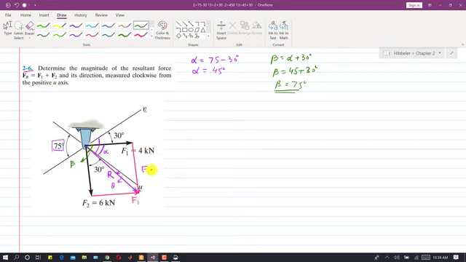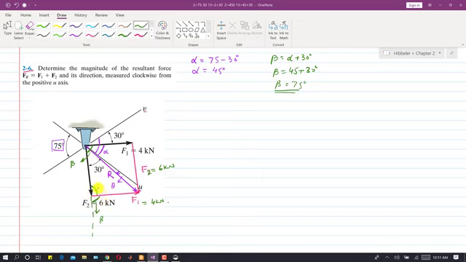We know the magnitude of F1, this is 4 kilonewton. This one is parallel to F2, so this is F2 and its magnitude is 6 kilonewton, and this one is F1, its magnitude is 4 kilonewton. Now let's suppose I extend the line of action of this F2. If this angle is beta, then this is also that same angle beta. So what will be this angle? This angle and this beta angle are supplementary angles, so their sum will be equal to 180 degrees.